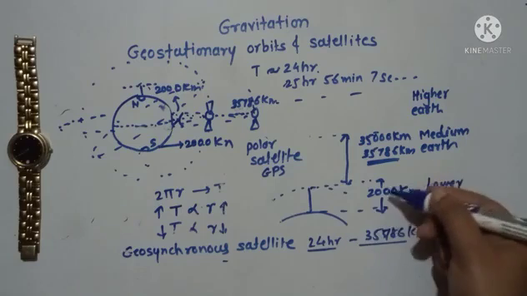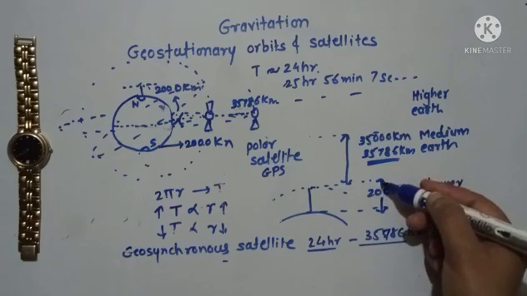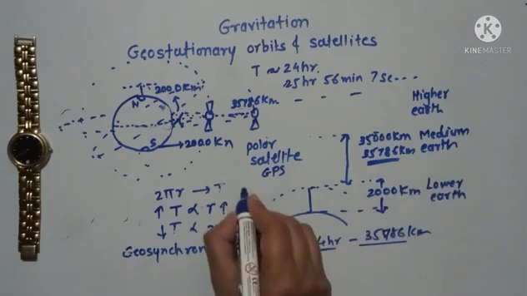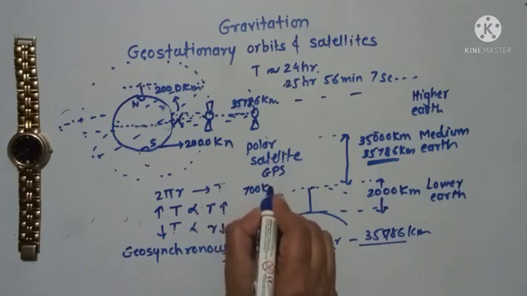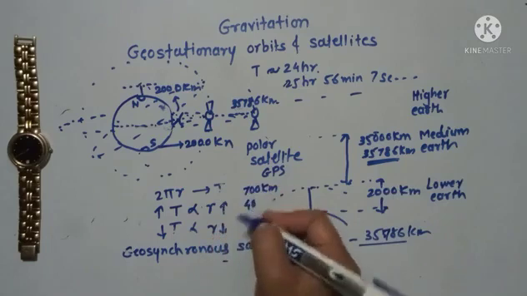They revolve with a very high speed, and a satellite which is at nearly 700 kilometers from the earth surface may take 40 revolutions per day.